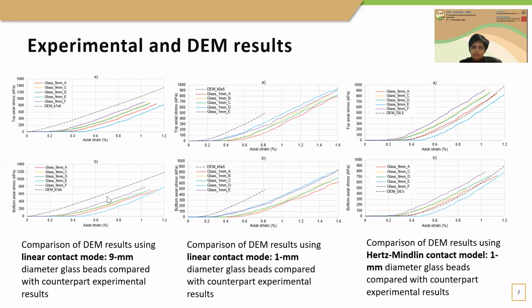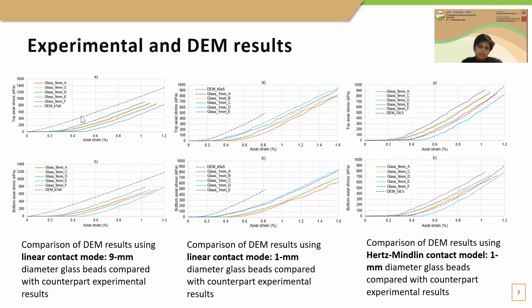So the approach was simple. What we did was we changed the numerical model parameters until we got a good match between the experimental and numerical output. When I'm talking about the output here, as you all know, in the axial stress-strain plot, stiffness is given by the gradient of the curve.